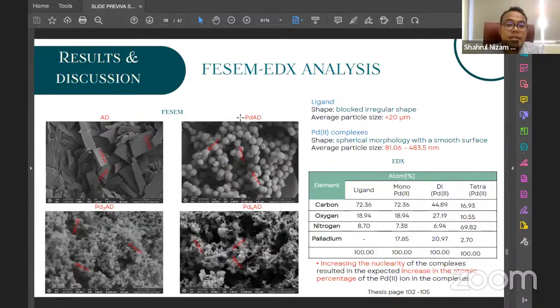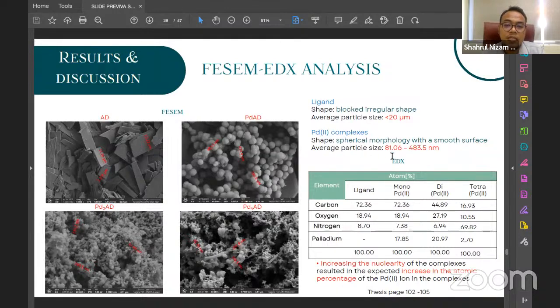Then FESEM and EDX. You can see this AD with no complex, and then this is with the palladium complex, this is with 2 palladium metal, and this is with 4 palladium metal. You can see there is a difference in the shape of the particles. The ligand has a block irregular shape, with an average particle size of 20 micrometer, but the size is not definite, roughly this is the size.